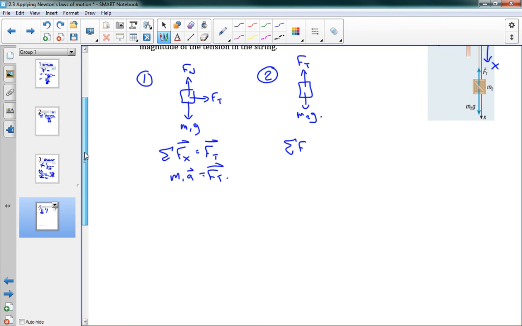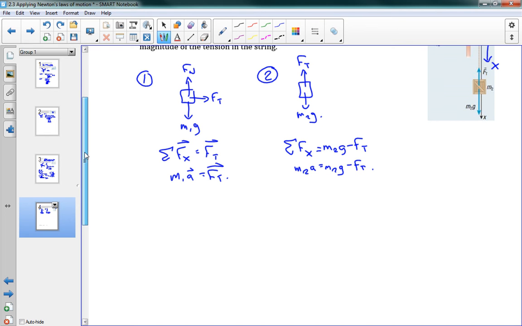So I'm still going to call this X, but it's just a way of thinking about it. It's not too much of an issue. So you can see this M2G downwards minus our tension force upwards. So our net force here is M2A is equal to M2G minus tension. Good.